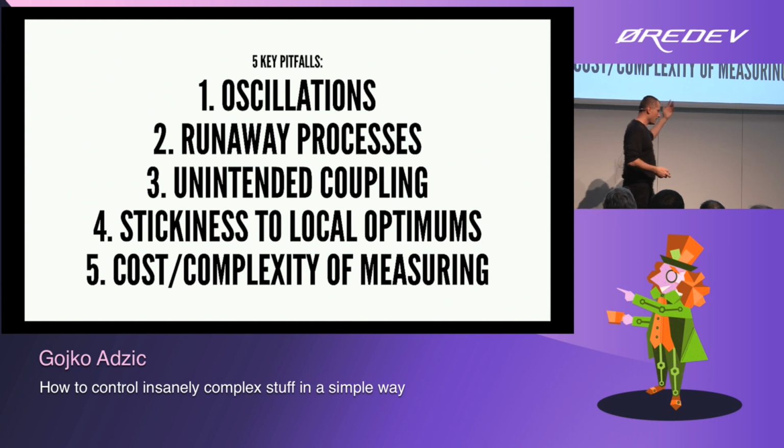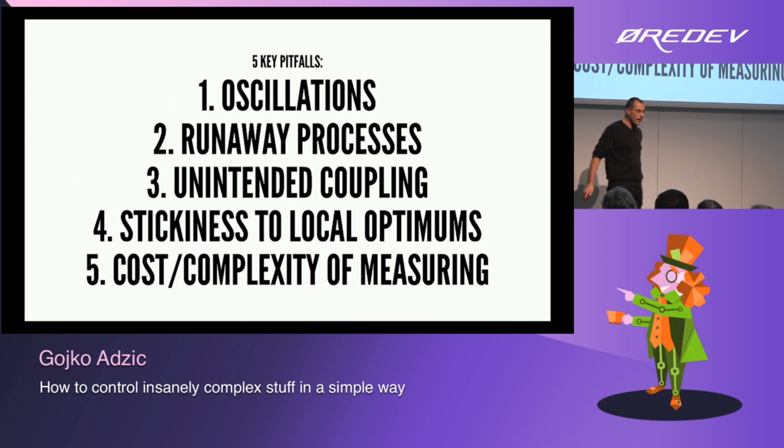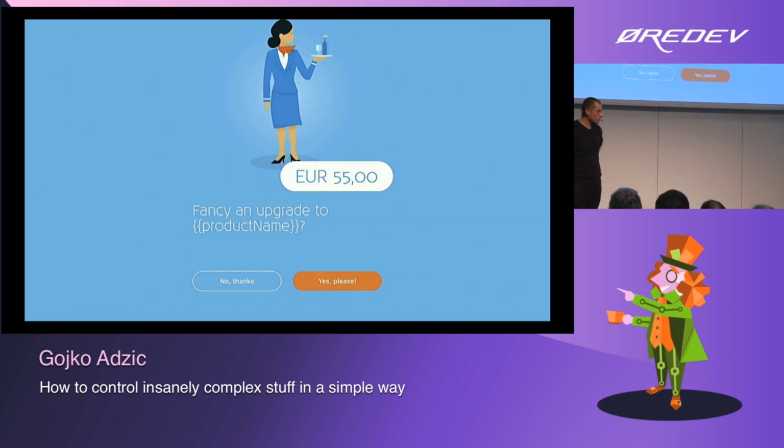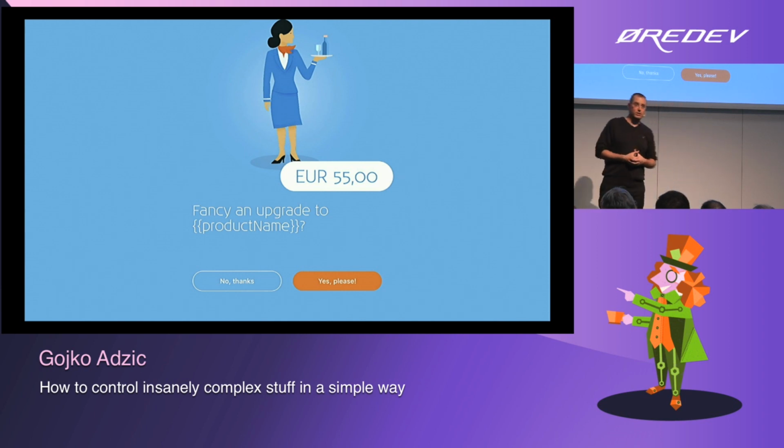So for example, in 2019, I was flying through Amsterdam, and I got this lovely screen when I was checking in. They said, would you like to give us 55 euros to upgrade to product name? So somebody's doing user research there to get user feedback at scale. But the sensor is completely wrong. At this point, I clicked no thanks. I assume most people did.